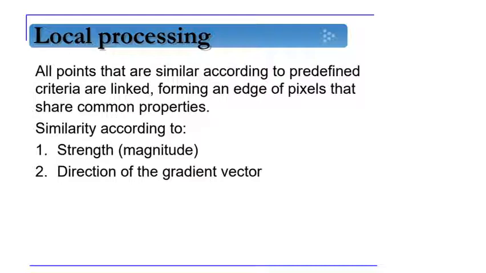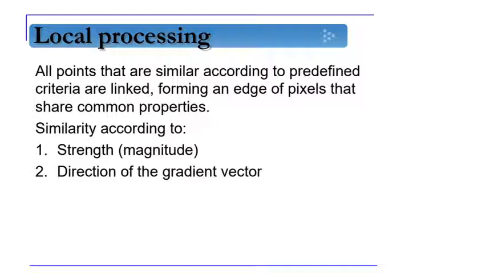Now what are the predefined criteria? The predefined criteria can be the strength, that is the magnitude, and the direction of the gradient vector. So every pixel will be compared with its 8 neighbors if I take a 3x3 neighborhood. If I take a bigger neighborhood, let's say 5x5, then each pixel will be compared with the remaining 24 neighbors.